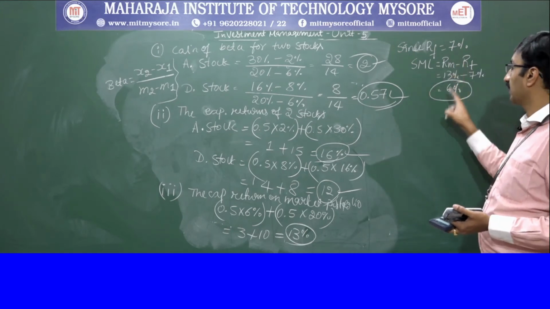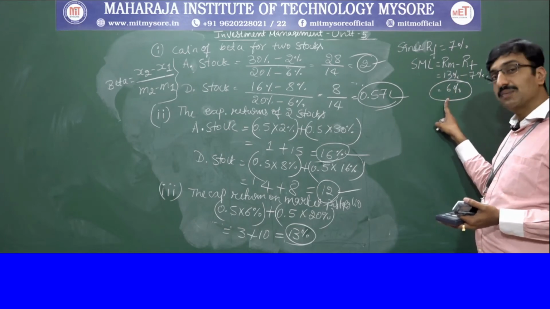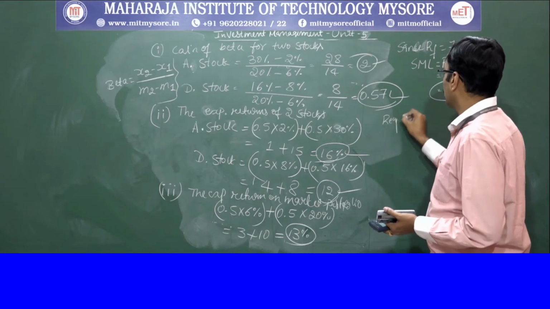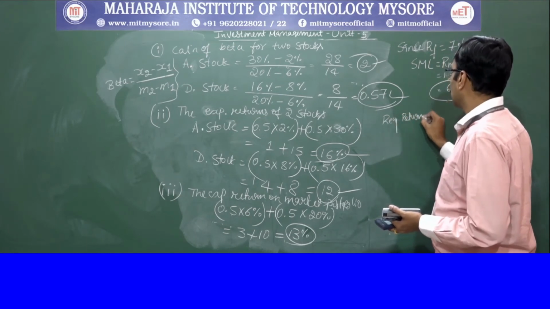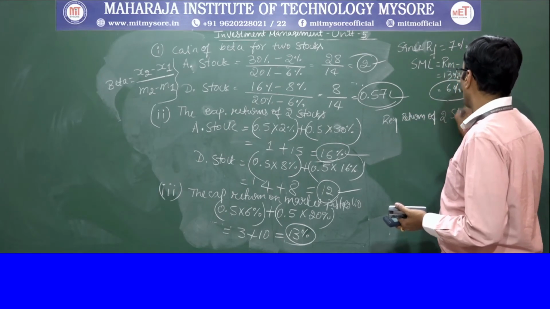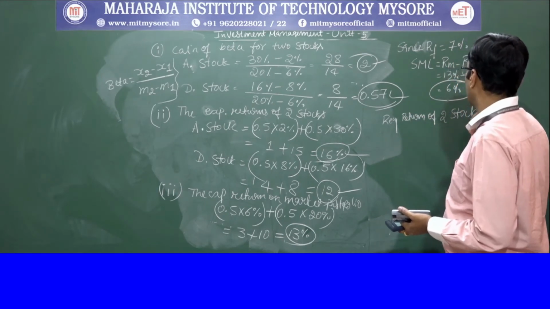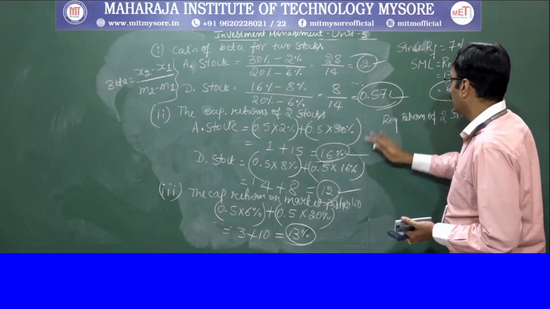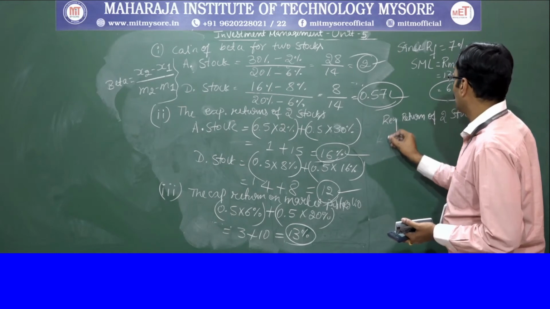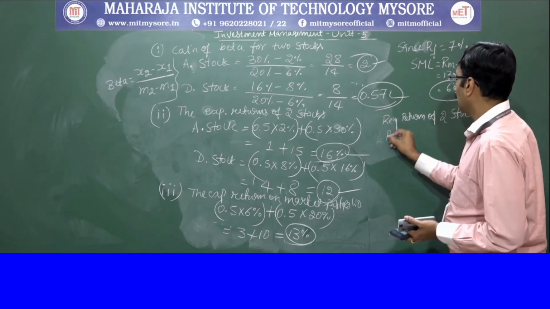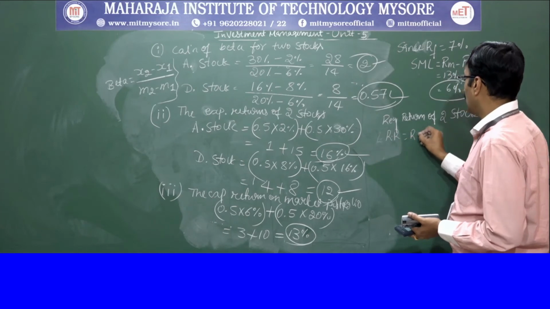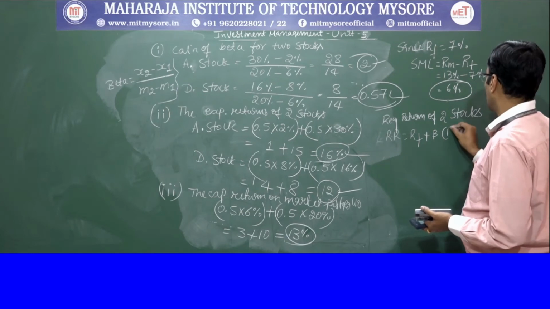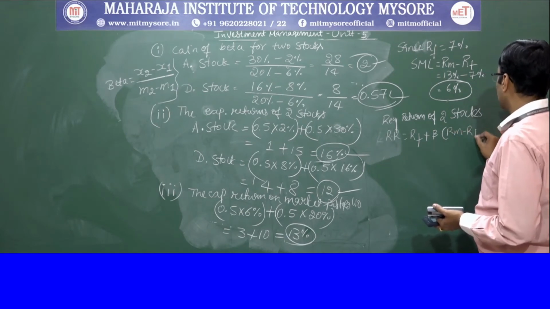Based on the security market line, we develop the CAPM approach here. Again, we find the required return of the two stocks. Required return is equal to RF plus beta into RM minus RF.